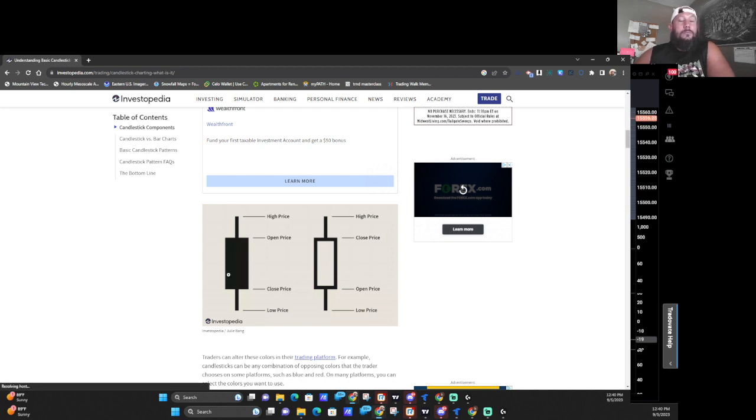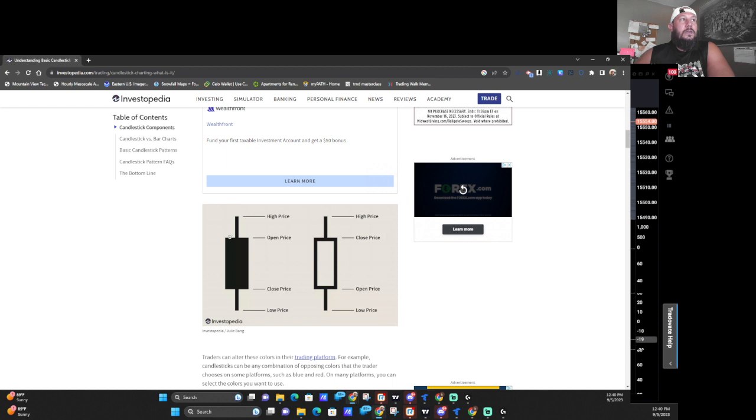In this example, it's black or white, but for the most part, you're going to have red or green. The difference is red basically closes, see this down here, lower than it opens. Green basically closes higher than it opens.